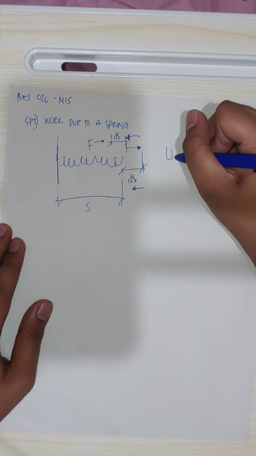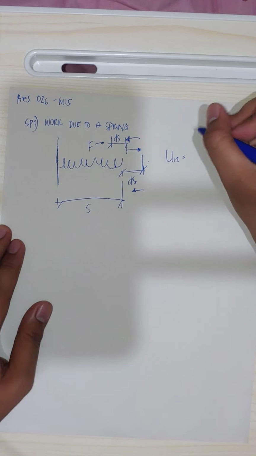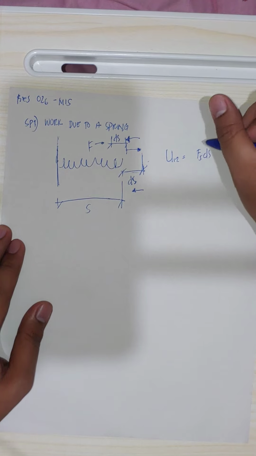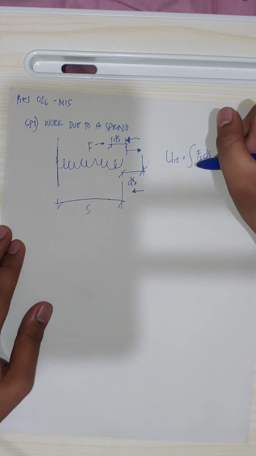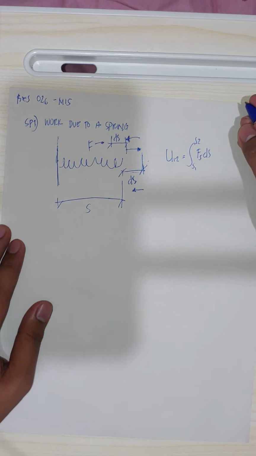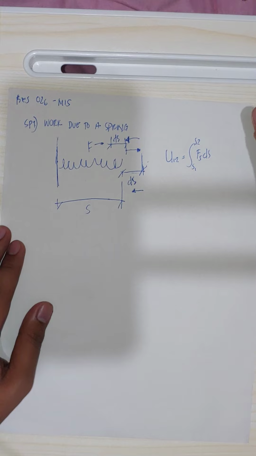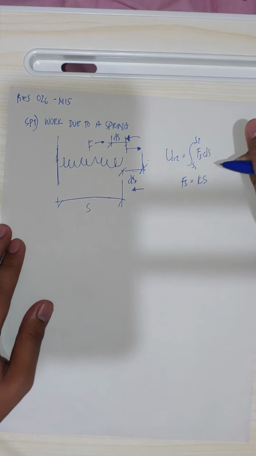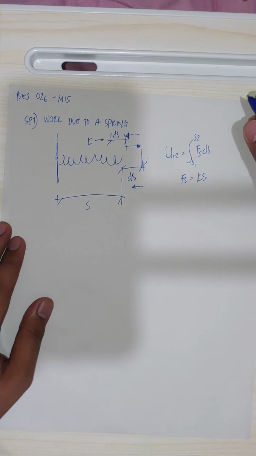So the work done due to the spring is force times distance. Let's say our force of the spring is Fs, times ds, integrated from the first position to its final position. And the force of the spring, if you remember, is just Ks. What is K?